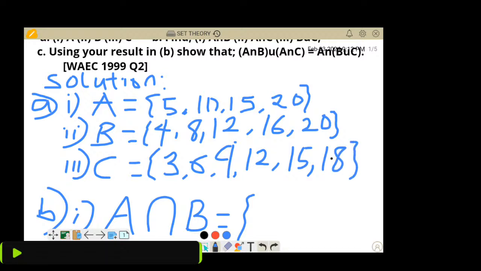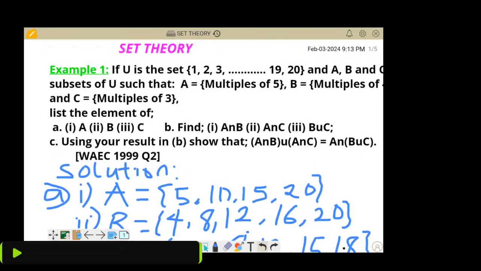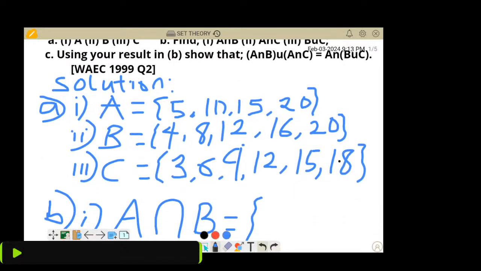Sorry for that. There's a typographical error in the question in the first place, so that is what we quickly correct. U is a set of numbers from 1 to 20, not 1 to 10. And with that, we have more elements for each of these sets. Okay, let's move on to the next part of the question.